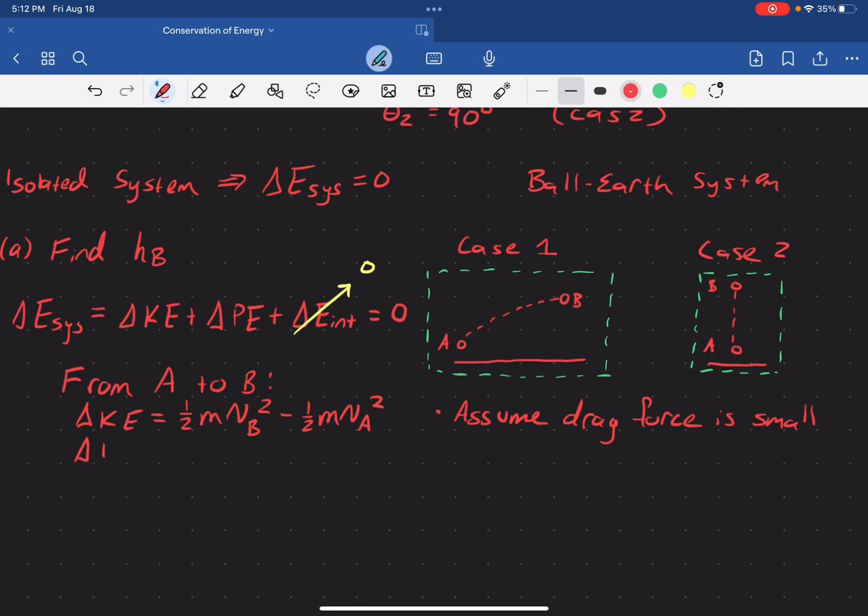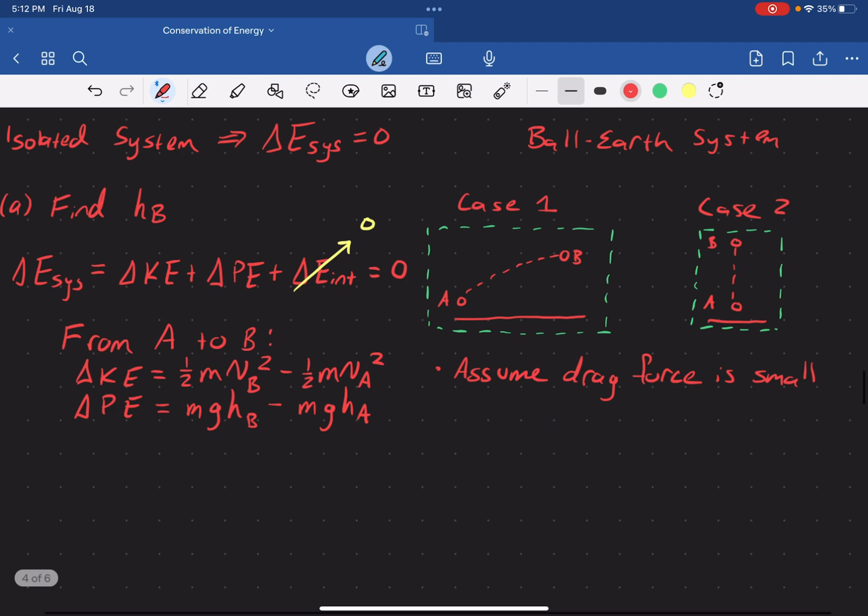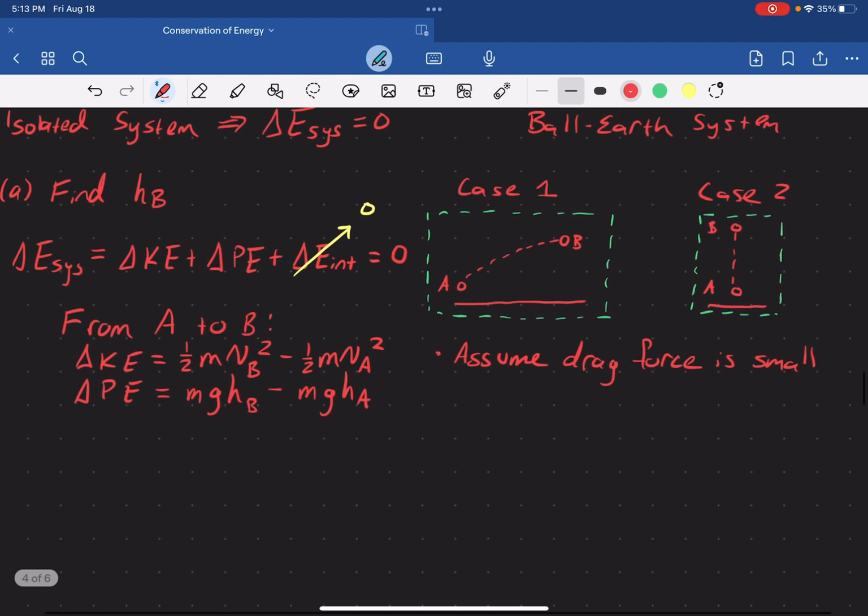Similarly, for potential energy, the definition of potential energy is the weight times the height. And we're interested in the change from state B to state A. So we plug these back into our change in energy equation.